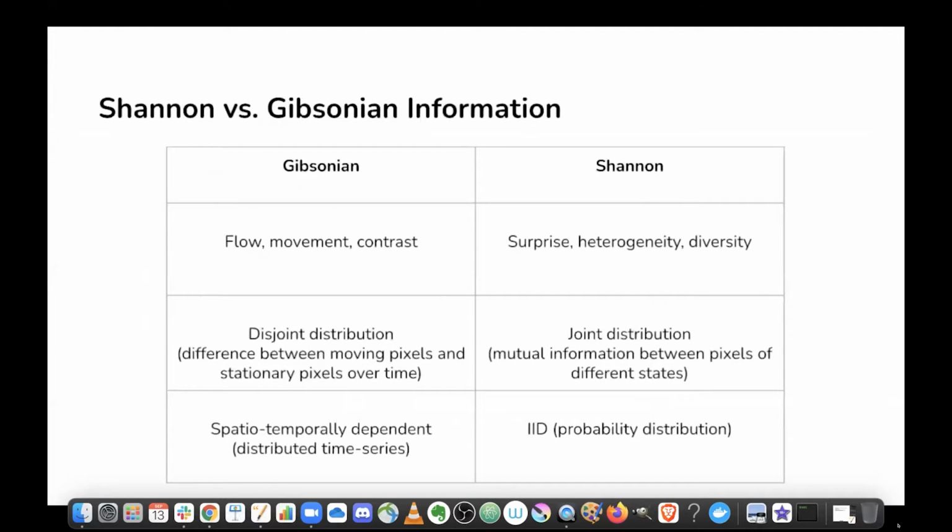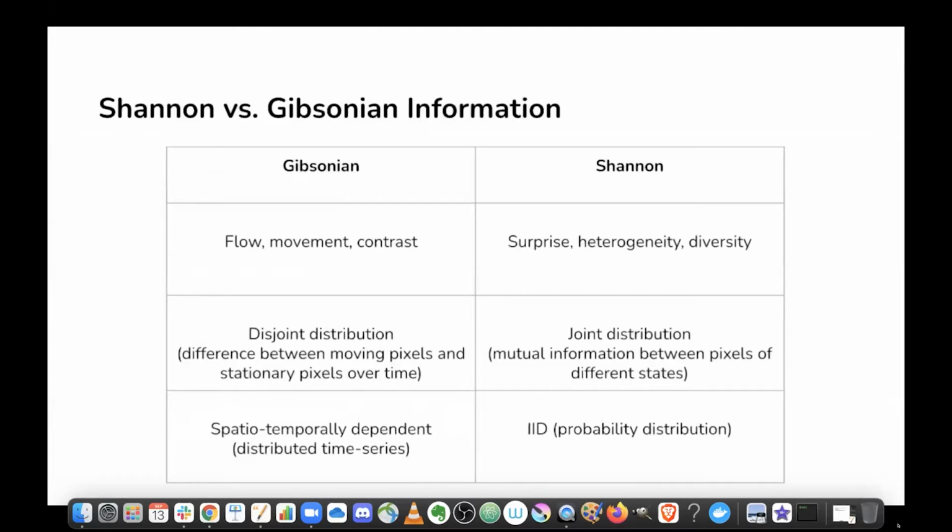We can compare Shannon versus Gibsonian information in a number of ways. We can look at words we associate with Shannon information, such as surprise, which is something used in cognitive science, heterogeneity, and diversity. In Gibsonian information, those analogs are flow, movement, and contrast. In Gibsonian information, we deal in disjoint distributions, so we compare the difference between sets.